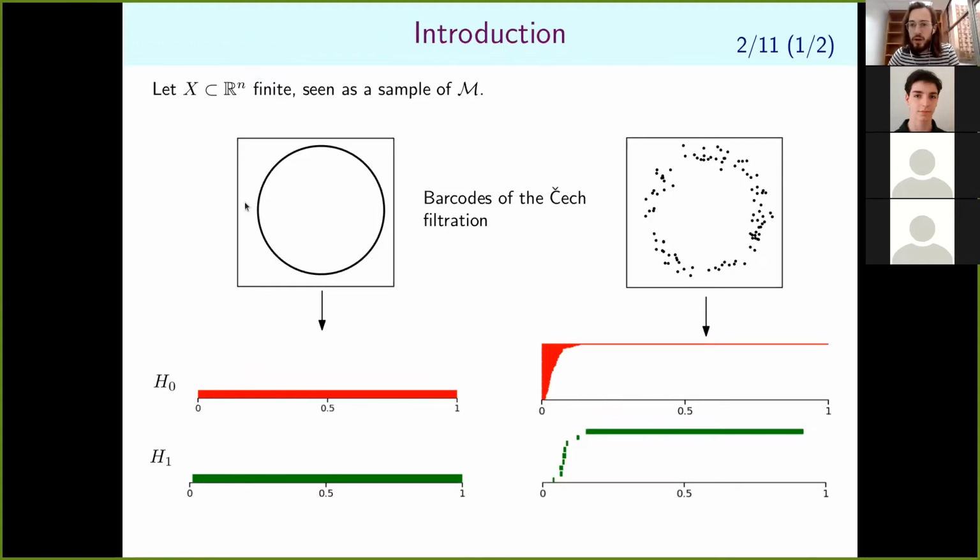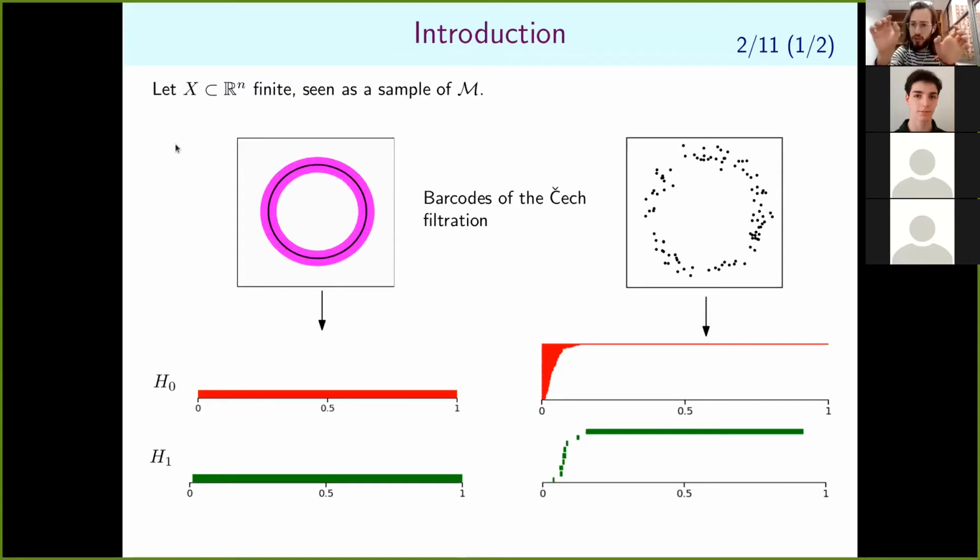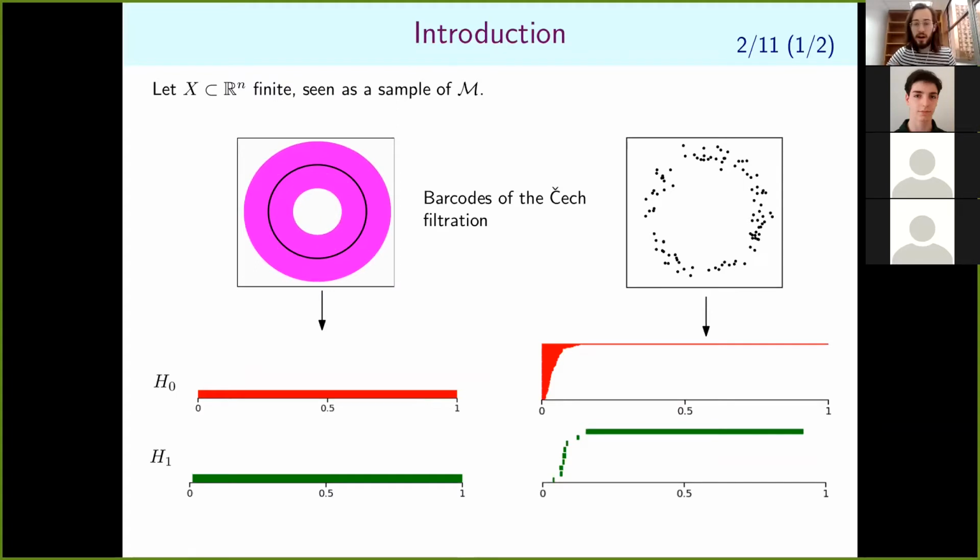In theory, we could have considered this thickening construction with a nice circle. The thickenings of the circle give you annuli, all right? They are all topological circles. And the barcode of this filtration is very simple.